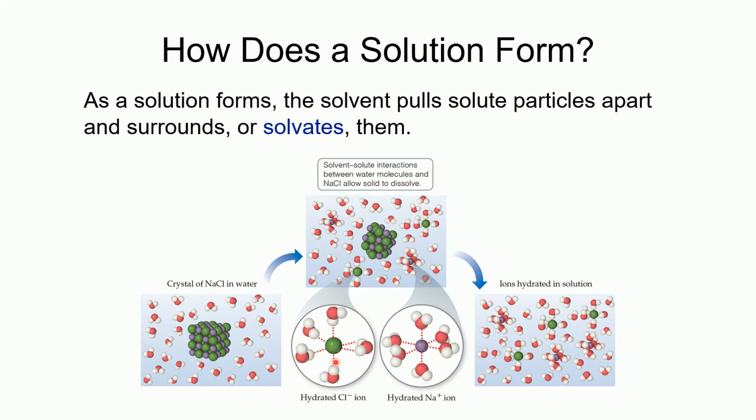Here we have a chloride ion. The negative charge on chloride is attracted to the partial positive charge on hydrogen, and the positive charge on sodium is attracted to the partial negative charge on the oxygen. This is just in the process, and eventually we will have all of these ions hydrated and in solution.